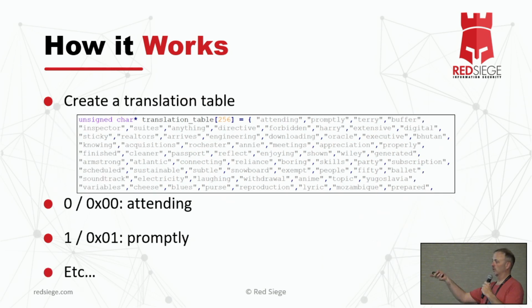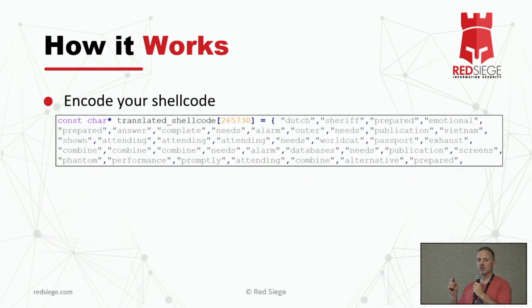We talked about this. So now we just need a Python script or something that looks at the byte value in each position of our shellcode, then looks at the lookup table and says, oh, that's a 0, I'm going to put attending in. Oh, that's a 1, I'm going to put promptly in. And when it's done, you have this shellcode array of words.